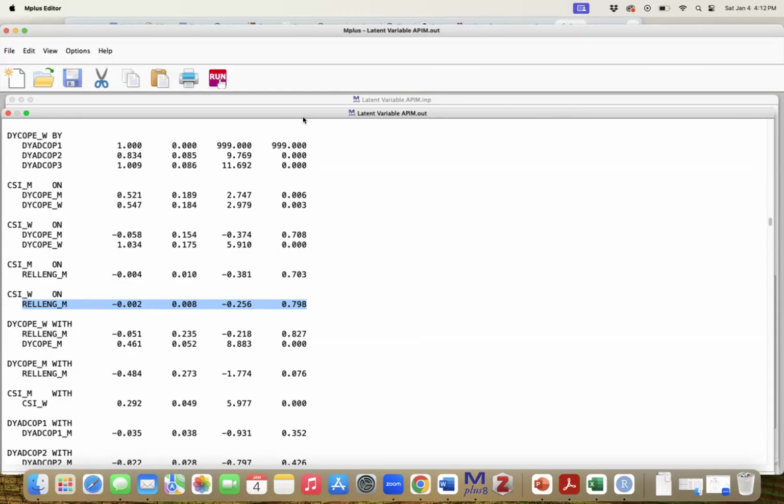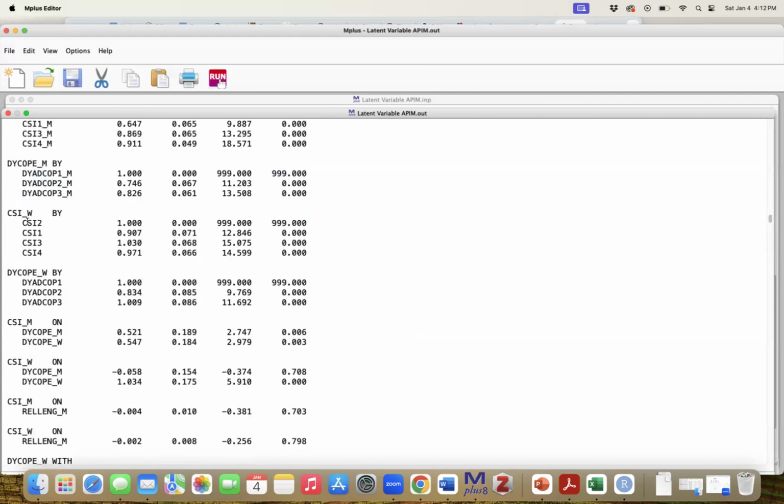And so every possible covariance and regression coefficient that can be estimated is being estimated. So if there's misfit that's happening, it's happening at the measurement level. And what that means is that this has a residual covariance with one or more of the items, whether it's the four CSI items right here or the three dyadic coping items.